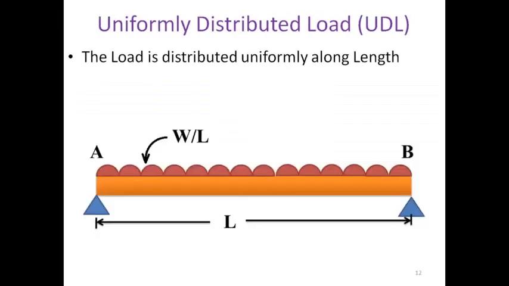So the second one is the uniformly distributed load. नावावरती फोकस करायचं, सगळं तुम्हाला इझी जाईल. युनिफॉर्मली डिस्ट्रीब्युटेड लोड. Distributed means the load is distributed along length, along area, along volume. Currently we are dealing with along length only, right?